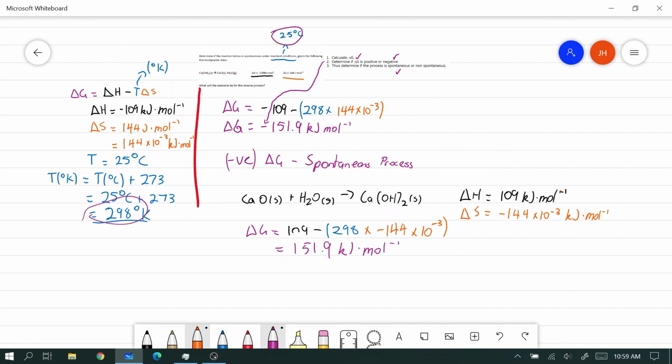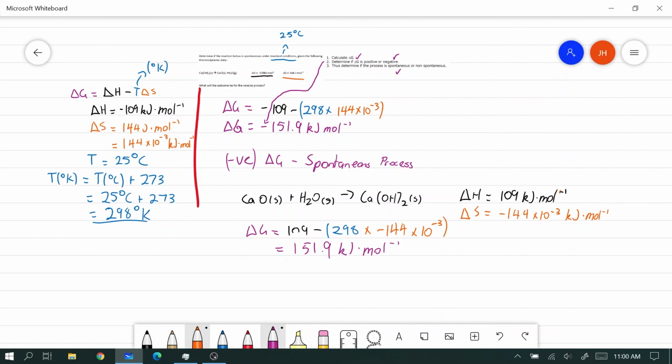Technically, our temperature's number of significant figures is a little bit questionable. Usually we would say that standard conditions is usually 25.0 degrees. That's about 3 significant figures of accuracy. I'm happy to treat that as 3 significant figures all the way through. So delta S and your temperature both have 3 significant figures.